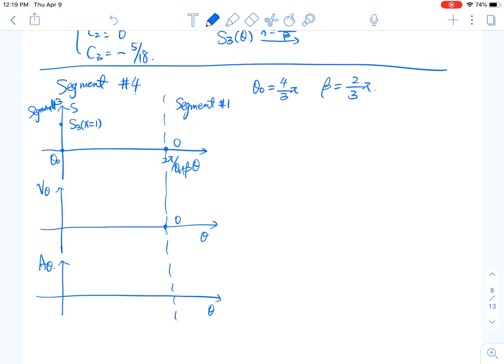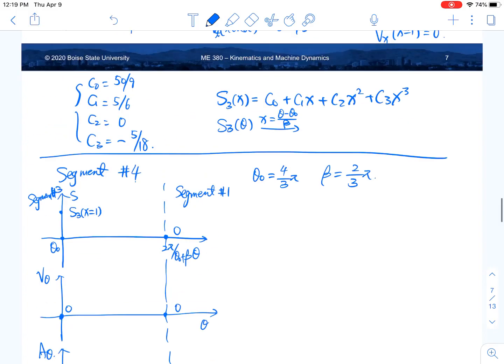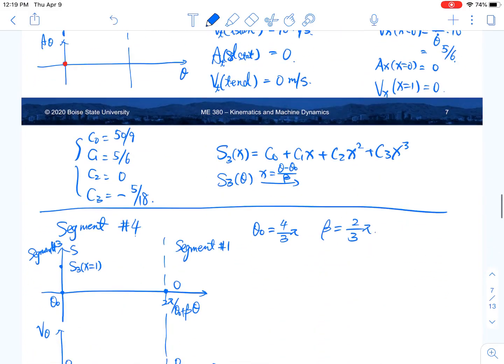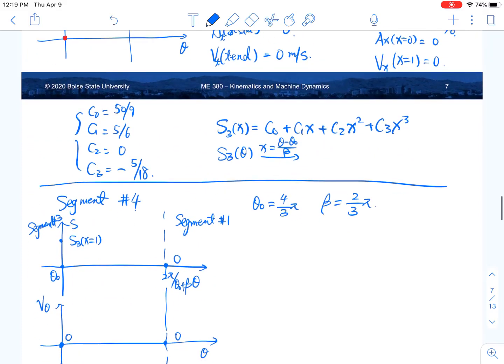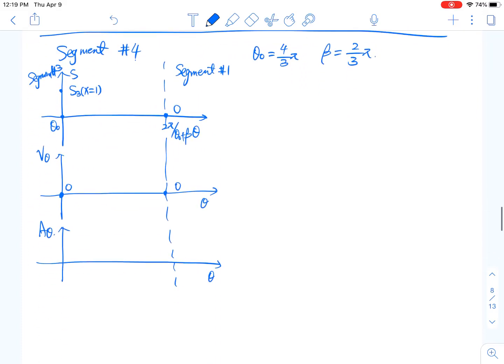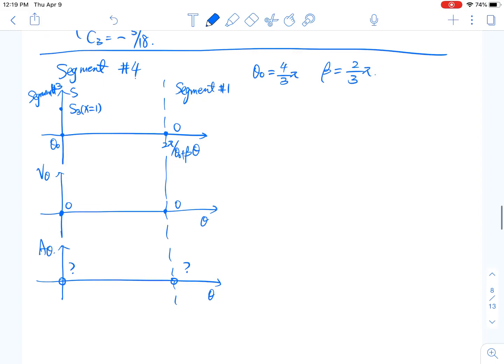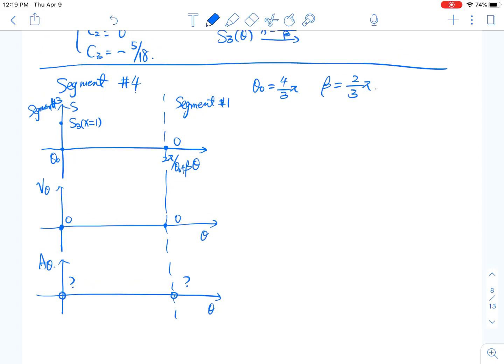So the question is, what is the v theta here? So v theta here is also 0, right? Because that's the ending point from segment 3. Your acceleration at this point, that's to be determined. And then the acceleration here is also to be determined. All right, so first question, we need to find all the accelerations.